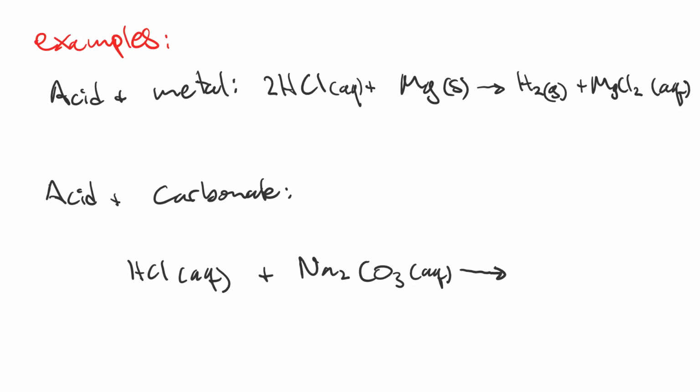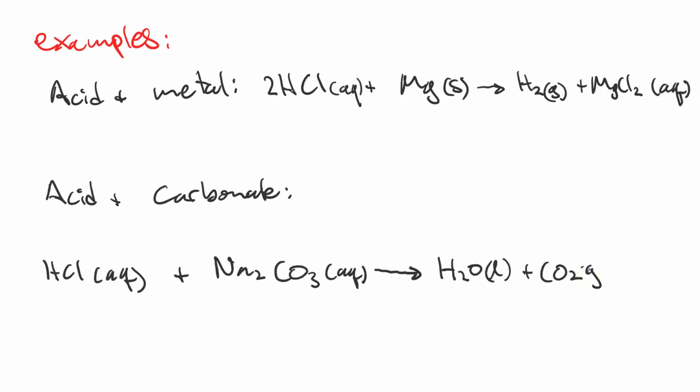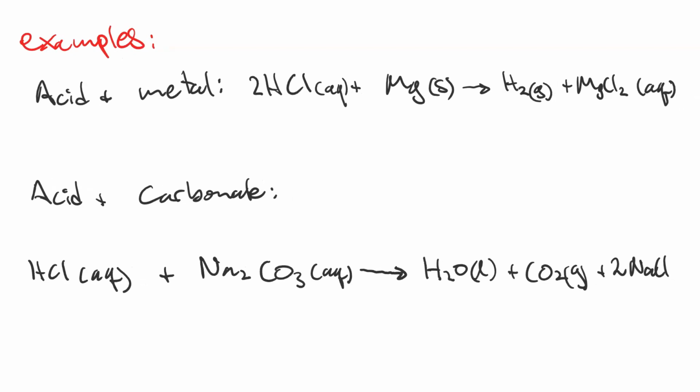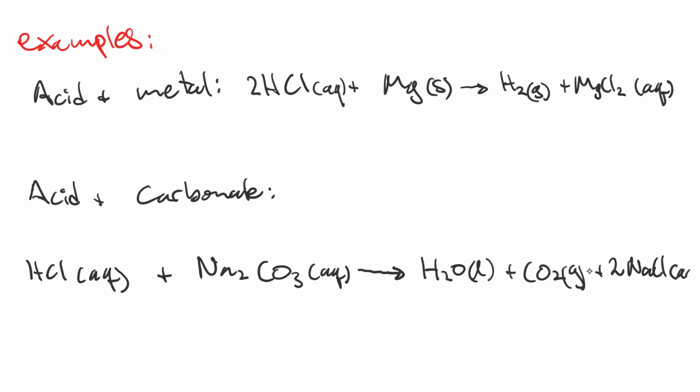And for products, we are going to get H2O liquid plus CO2, and the CO2 formed as a gas, and we're also going to get NaCl, a salt again, and that NaCl is aqueous. And let's see, to balance it, I believe we need a 2 here, and we're good to go.